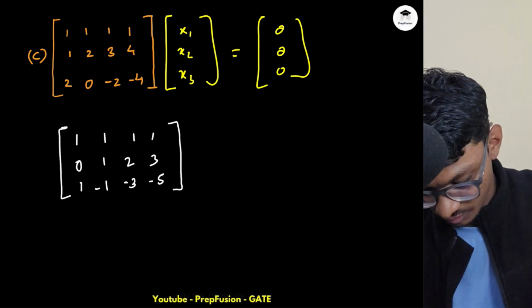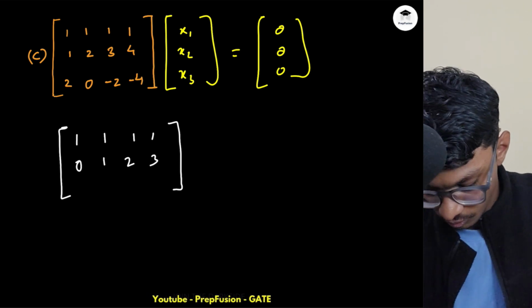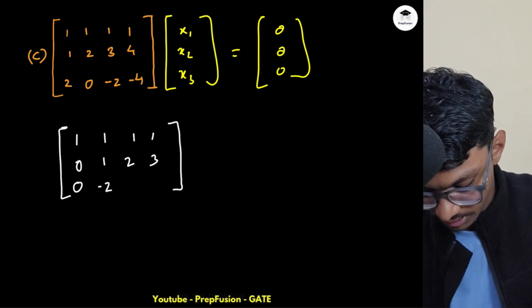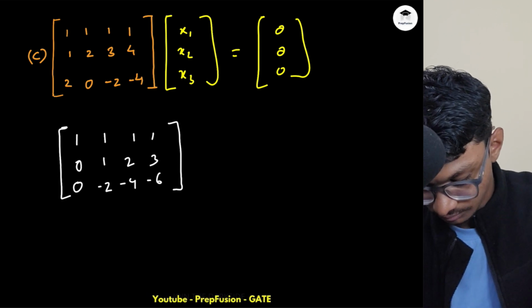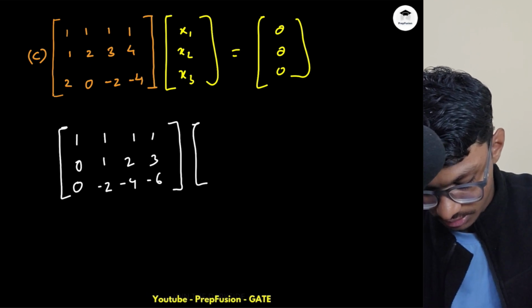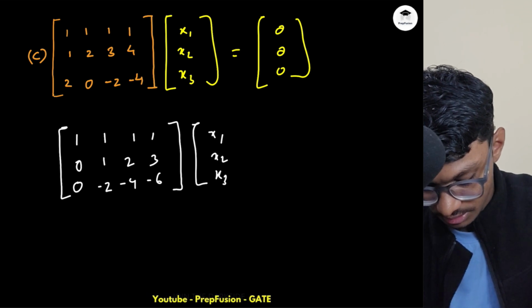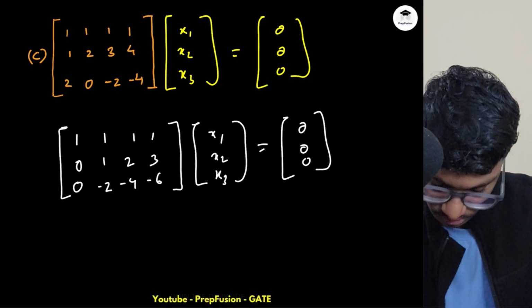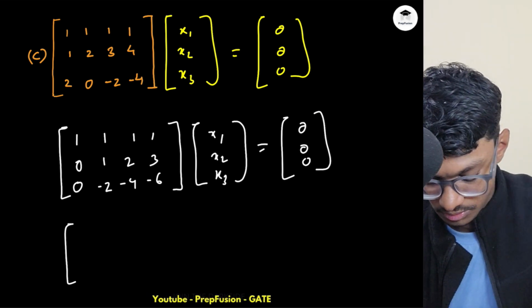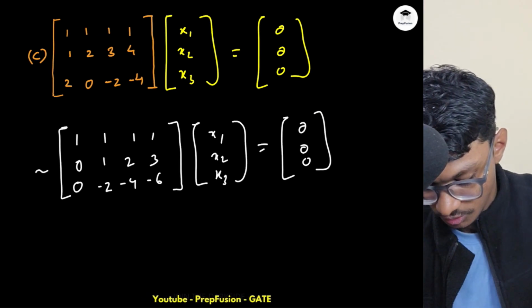I should subtract 2 times this row: 0, 2 times this is minus 2, minus 4, minus 6. This is x1, x2, x3 equals 0 0 0. So this is the equivalent matrix.